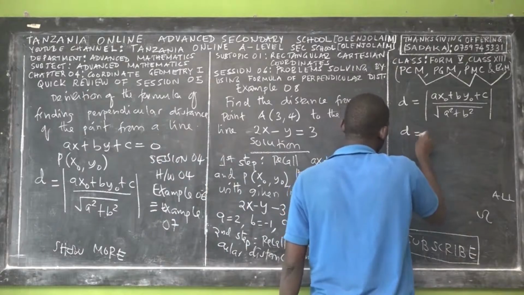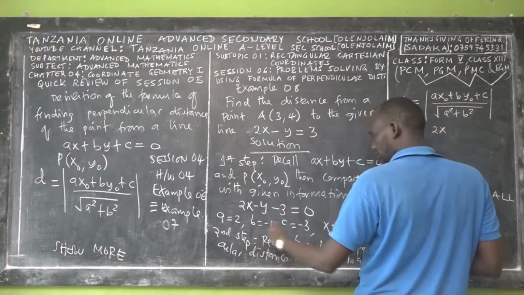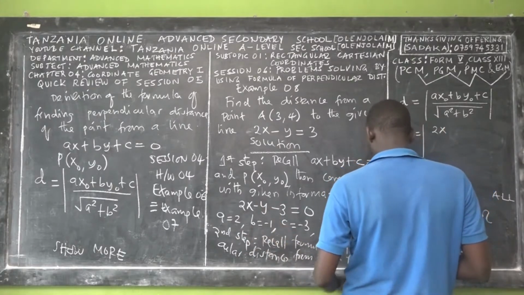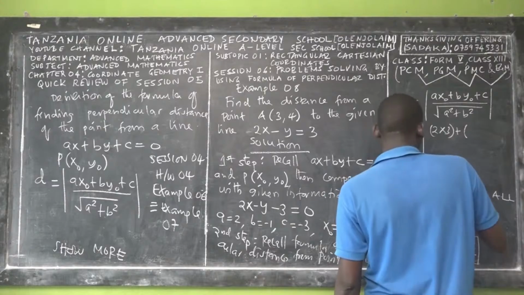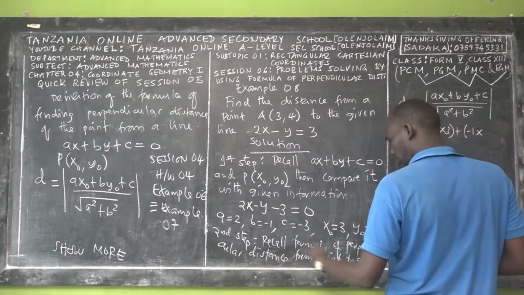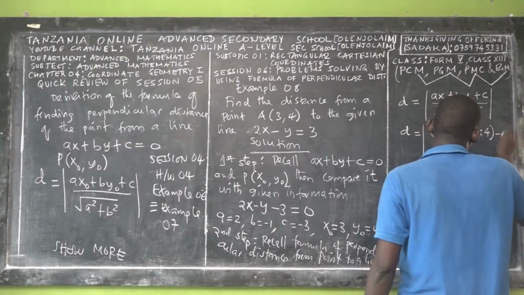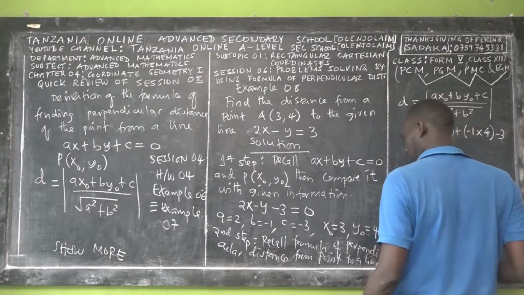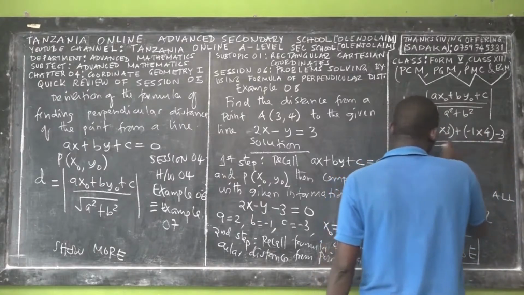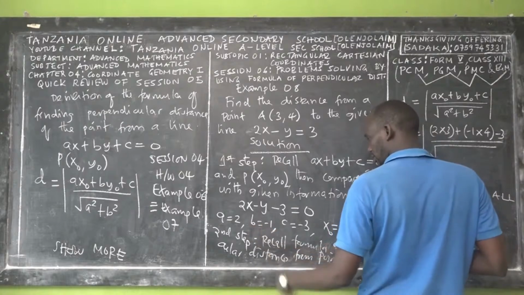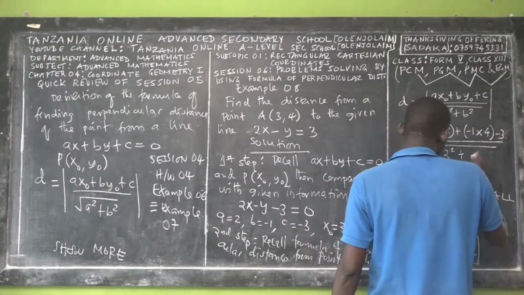So the perpendicular distance is equal to: what is the value of a? a is 2. x naught is 3. b is negative 1. y naught is 4. c is negative 3. Then this over the square root of a squared, which is 2 squared, plus b squared, which is negative 1 squared.